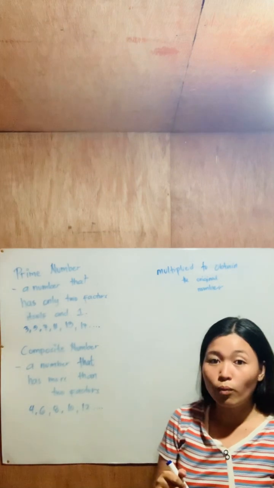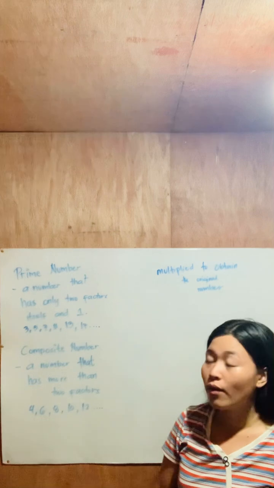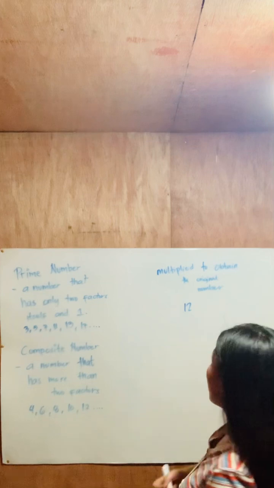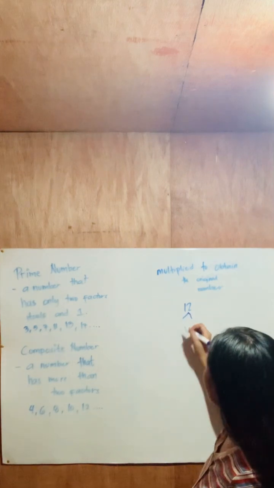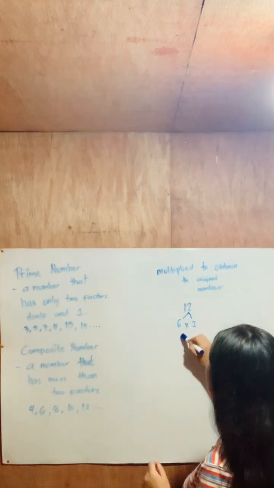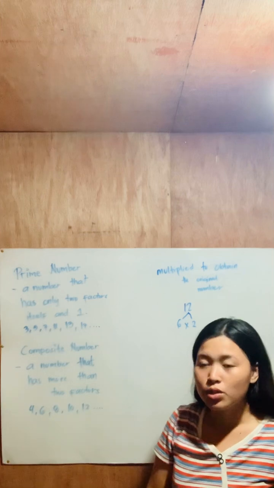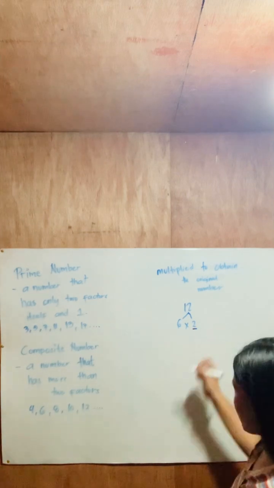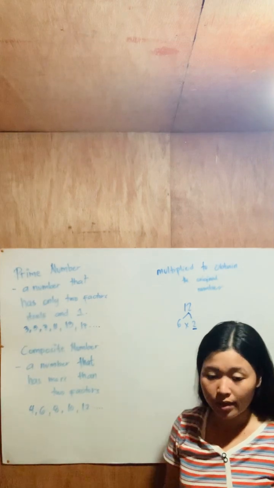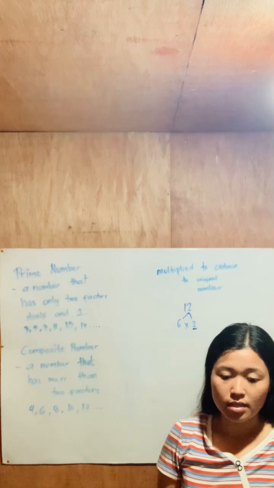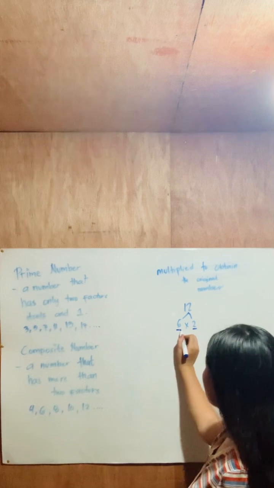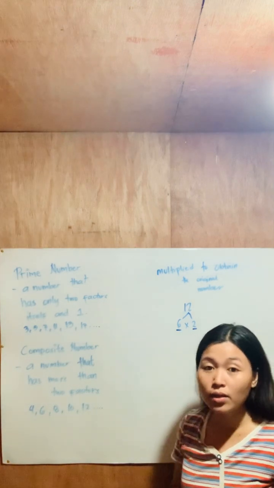Okay, so for an example of prime factorization, we have 12. We can break down 12 into 6 times 2. So 6 times 2 is equal to 12. Since 2 is a prime number, we can stop breaking it down since we cannot continue. And 6 is a composite number, so we can continue.